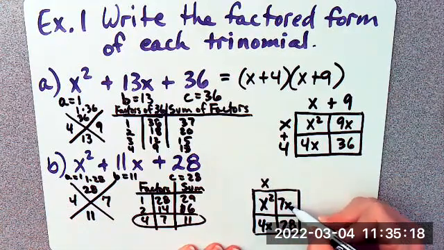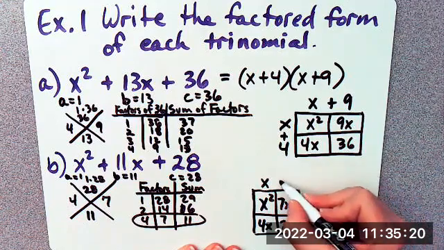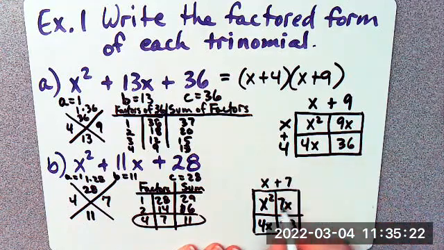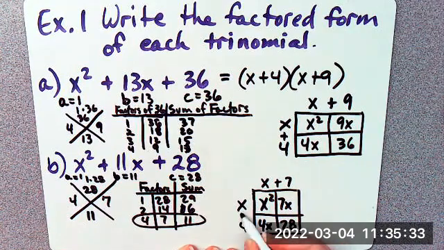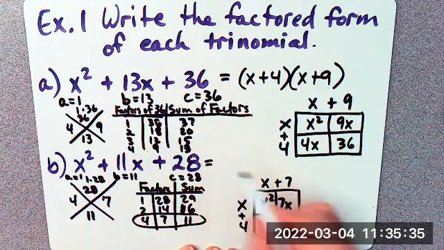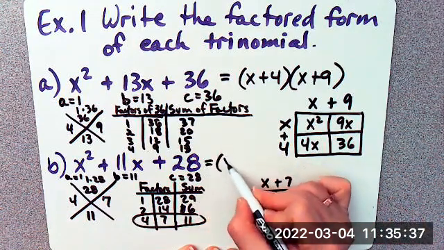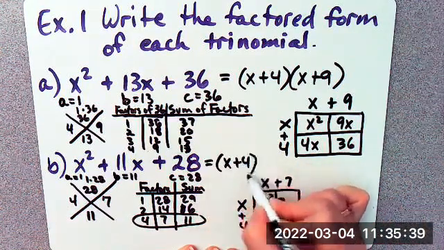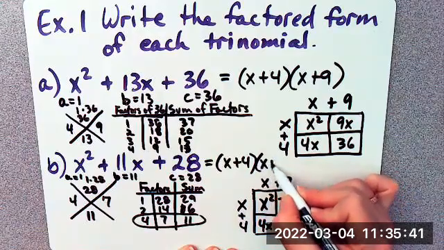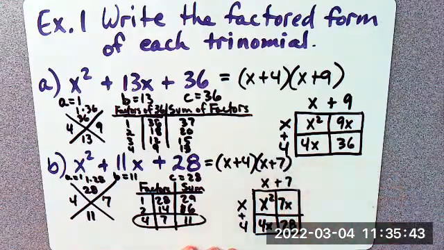Between 7x and 28 is 7. Between x squared and 7x is x. And between 4x and 28 is 4. So we can write this out as x plus 4 times x plus 7.